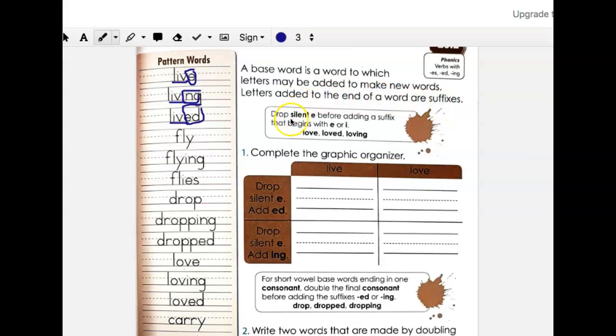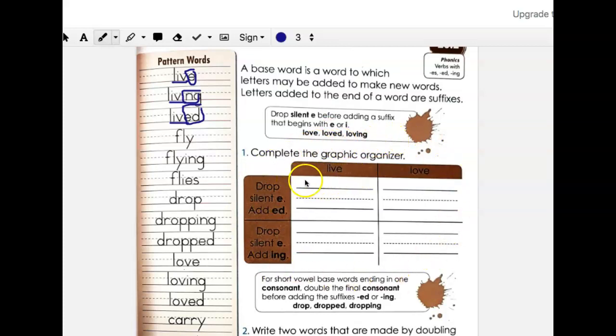Let's move on to the first spelling rule of this unit. Drop silent E before adding a suffix that begins with E or I. For example, the word love, you're going to drop the last letter E, the silent E, before adding the suffix ed or ing. You are going to follow this rule and complete this graphic organizer.